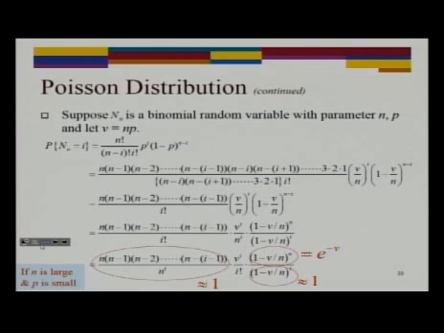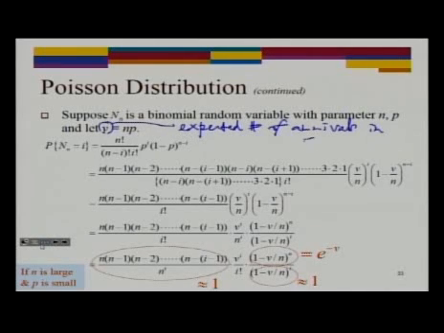Here the nu is the expected number of arrivals, okay, in a certain time interval 0 to n, okay. Then the probability mass function of a binomial random variable with parameters n and p would be like this, right?